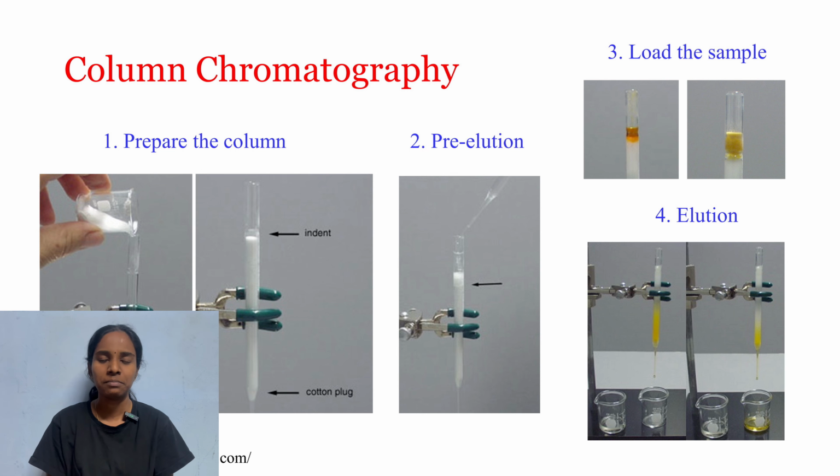So the volume that I collect in the first 5 minutes, I can term as fraction 1, and the next 5 minutes would be fraction 2, and so on. The compounds present in fraction 1 will be different from the compounds present in fraction 40. That is how different compounds present in a single sample can be separated using column chromatography.